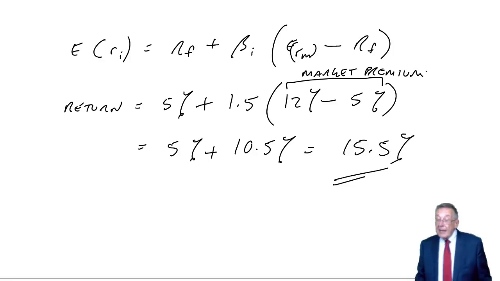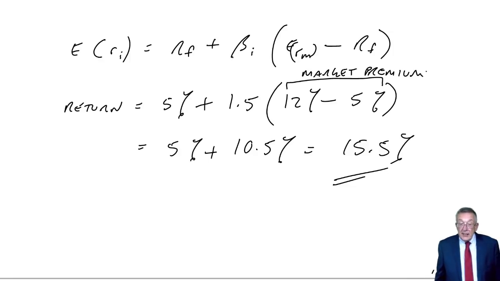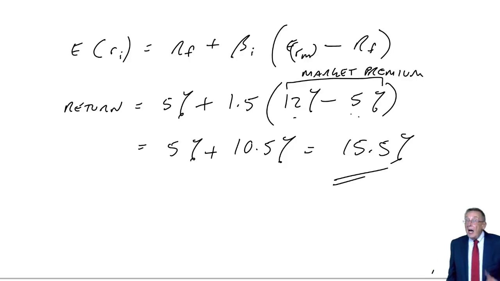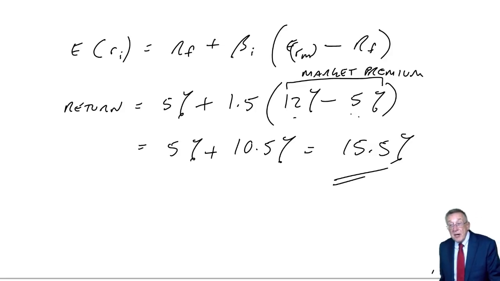And do read questions carefully. Sometimes, like this one, it'll say the market's giving a return of 12. So the premium, 12 minus risk-free, is 7. Other times, the question might actually say the market premium is 7, in which case we add on 1.5 times 7 directly.